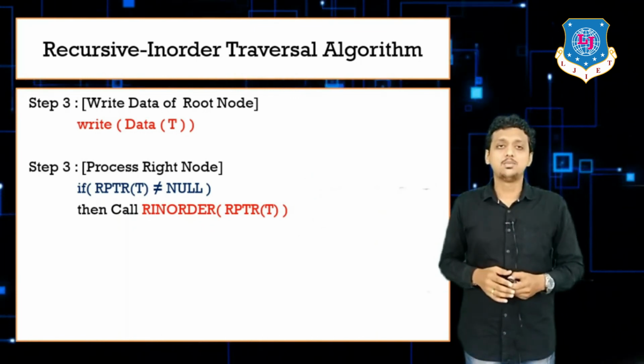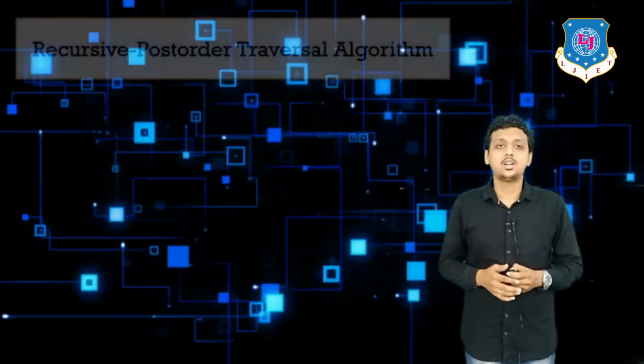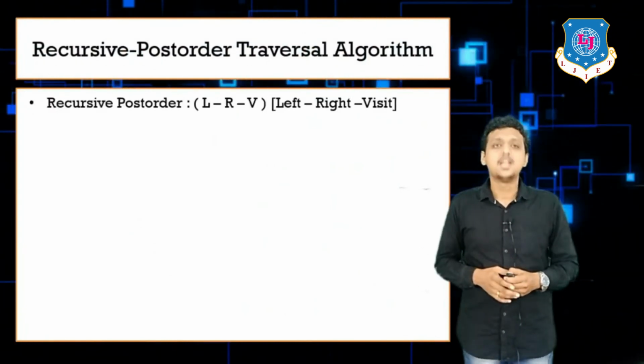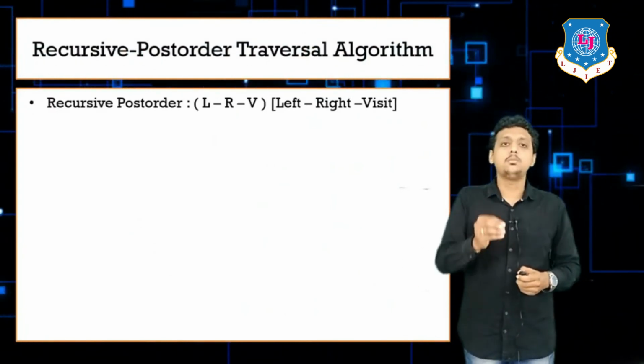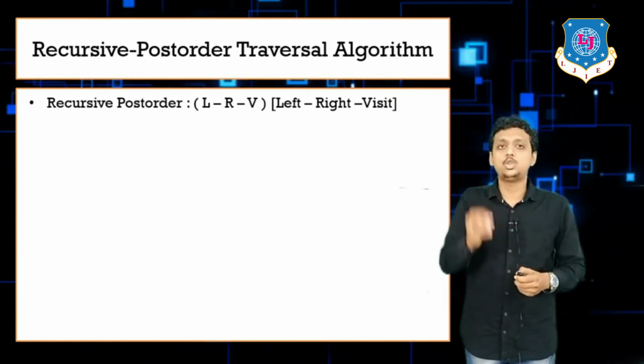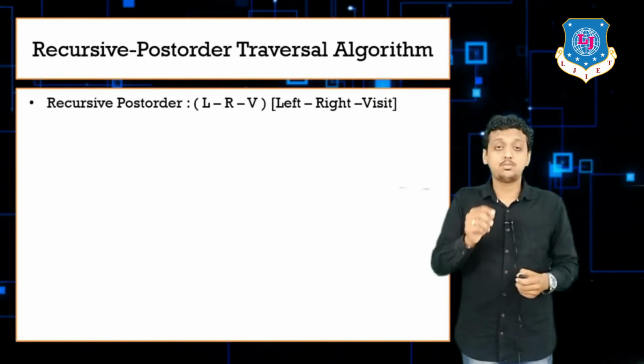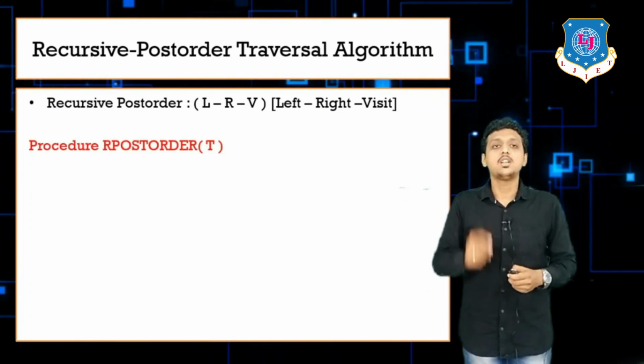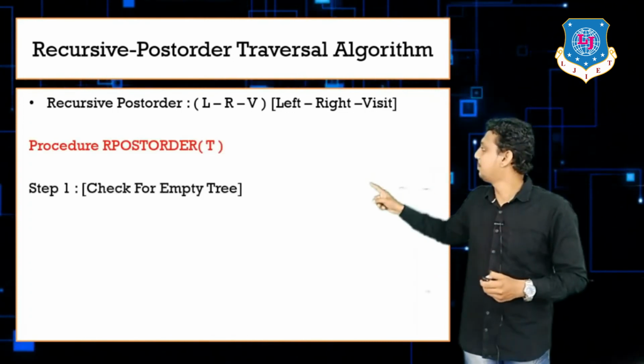Okay, so let's move further to the next algorithm that we have, the recursive post-order algorithm. In post-order, students, we perform the traversal operations according to L, R and V. First move towards the left, then right, and then visit the node. So first check whether the tree is empty or not.